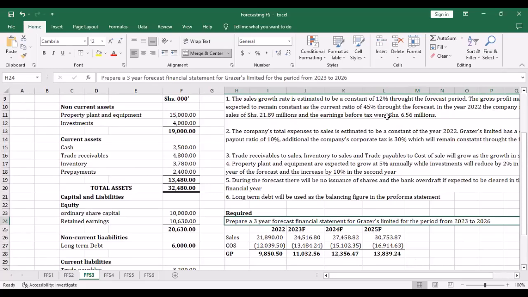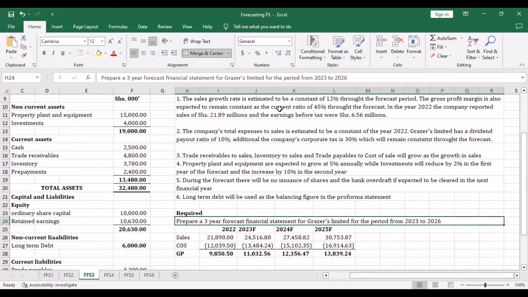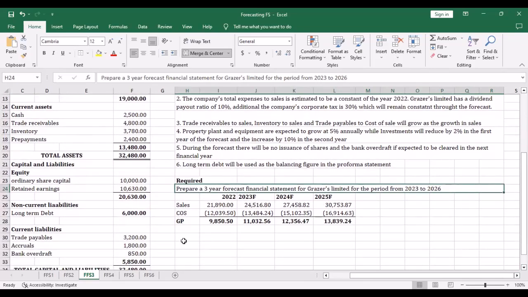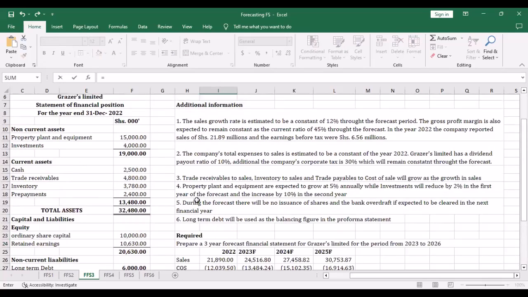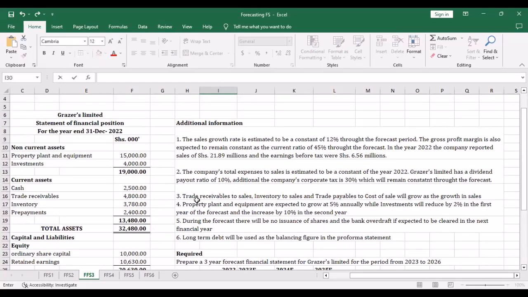Then we'll continue. Throughout the forecast, in the year 2022, the company reported earnings before tax of 6.56 million. So maybe you have expenses, then earnings before tax. It was just a number, so I can just write it directly: 6,560 times 1,000.